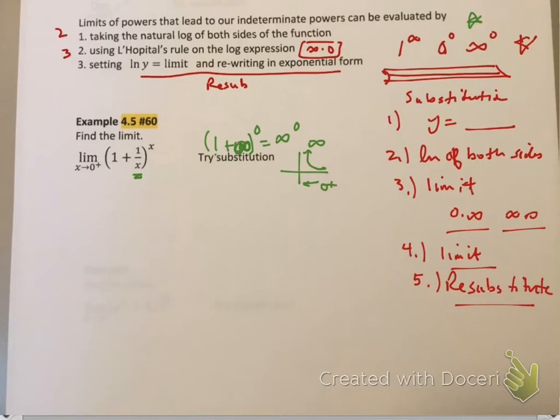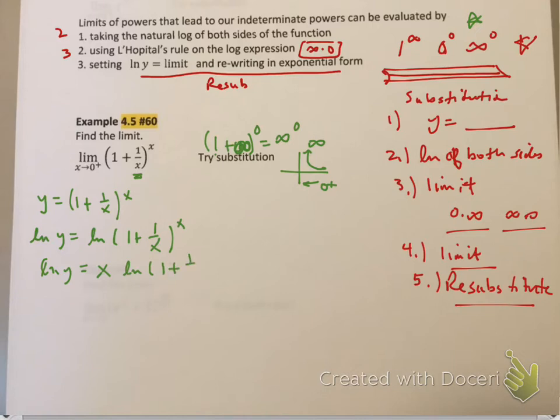So step 1 that I was talking about is we're going to do a substitution where I have y is equal to 1 plus 1 over x raised to the x power. Then we're going to take the natural log of both sides. And then I'm going to rewrite the right side, and this is where I have to use properties of logarithms. So I would have x times the natural log of 1 plus 1 over x in that situation.